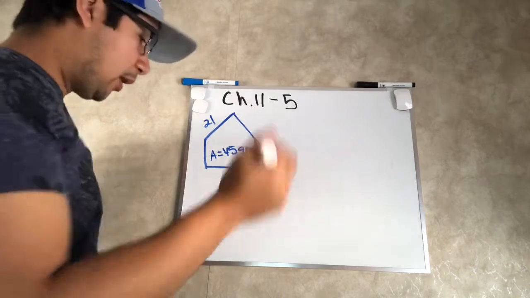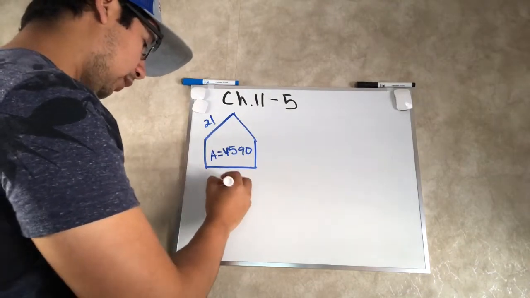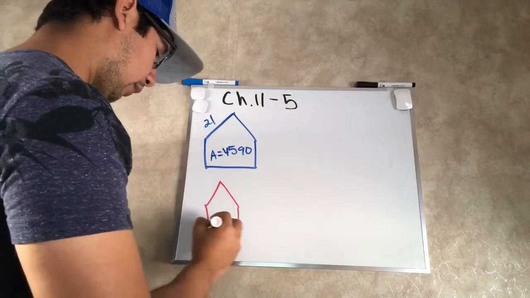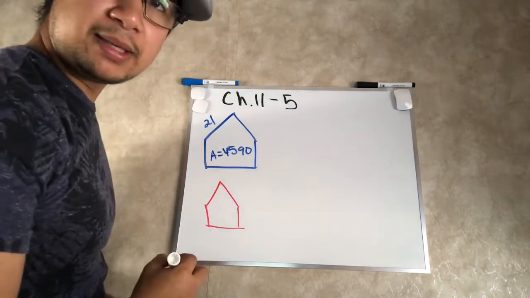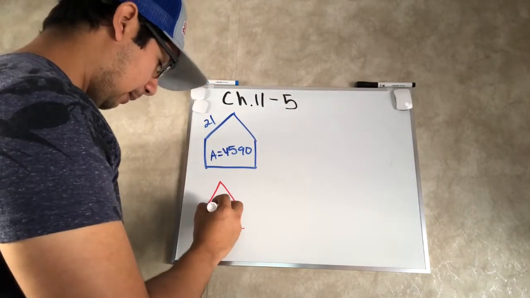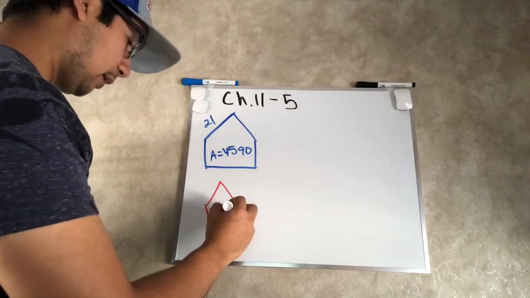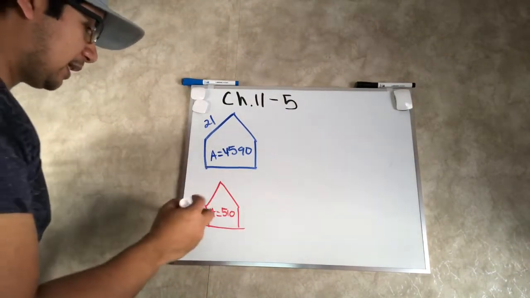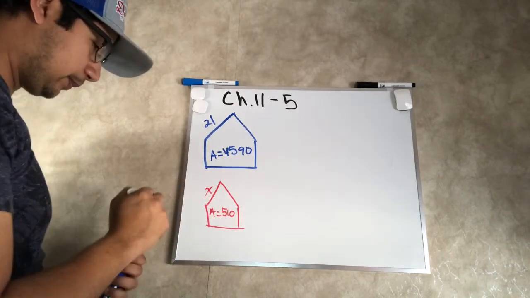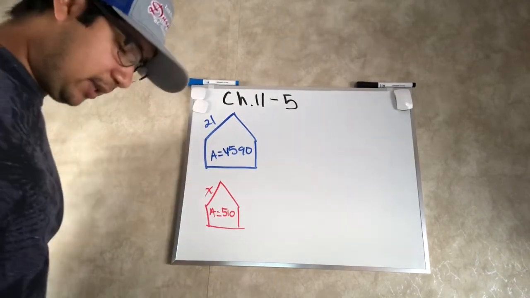And then for the smaller pentagon, 1, 2, 3, they give that the area is 510, and we're looking for one of the sides, so we're looking for this side right there. And it's going to be the same thing, same formula.